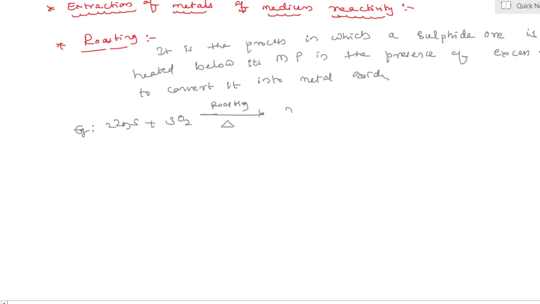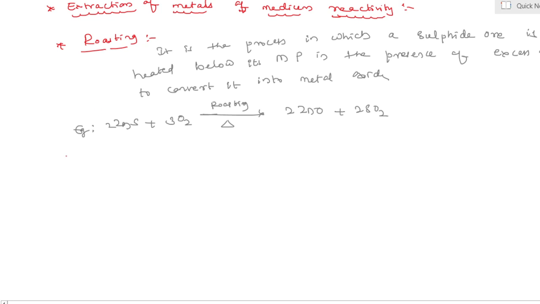It can give rise to zinc oxide plus sulfur dioxide. Yes, my dear students, it means a sulfide ore is heated in the presence of air, as well as oxygen. It can give rise to metal oxide as well as sulfur dioxide below its melting point. The whole process is termed as, my dear students, roasting.